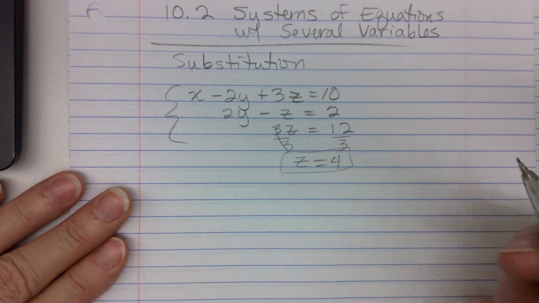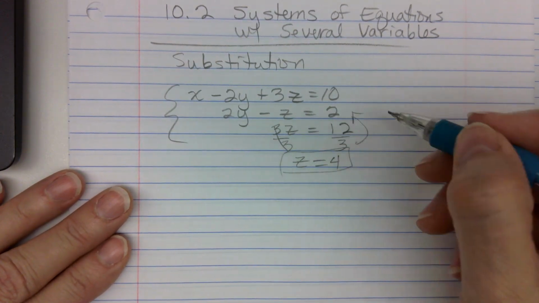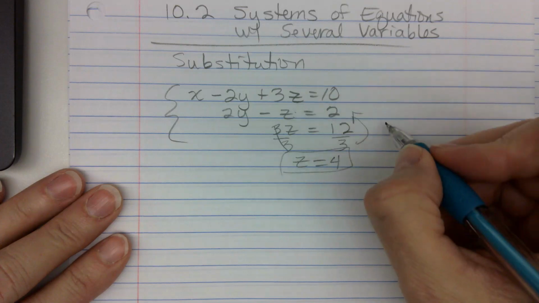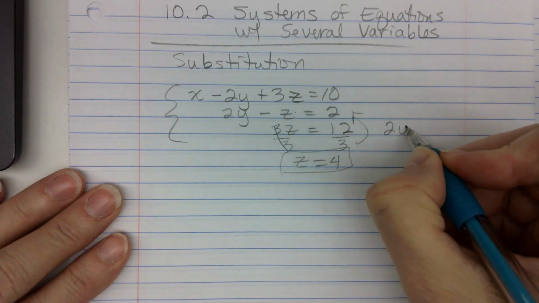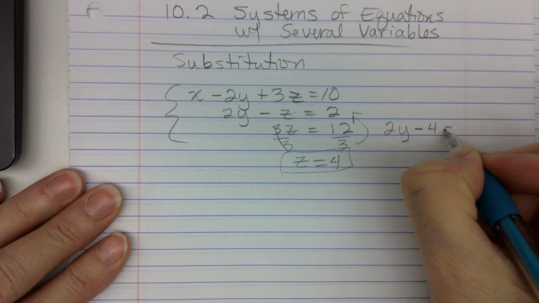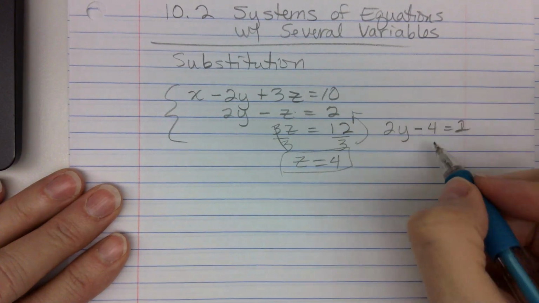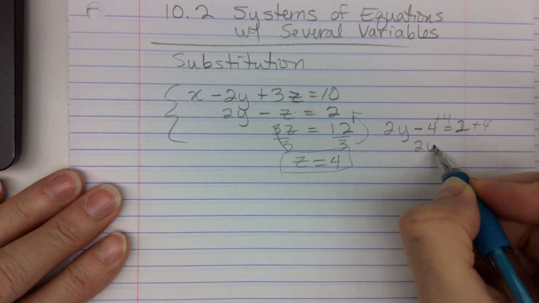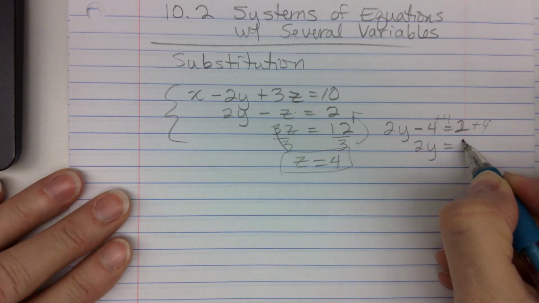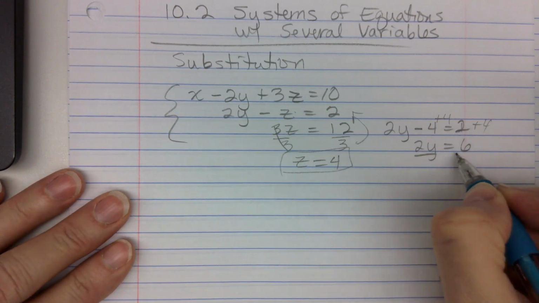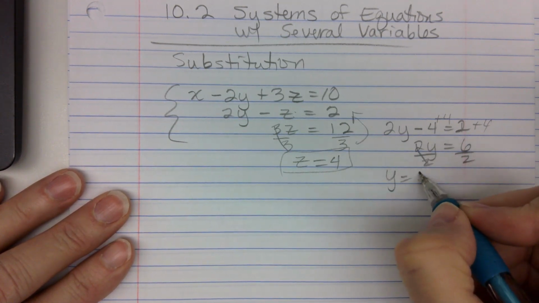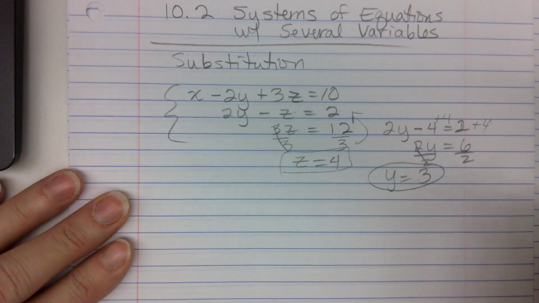So then work up, substitute the 4 for this z, and what are you going to get? Add your 4. What do we get? Divide by 2. We now have what our y is. Everybody with me?